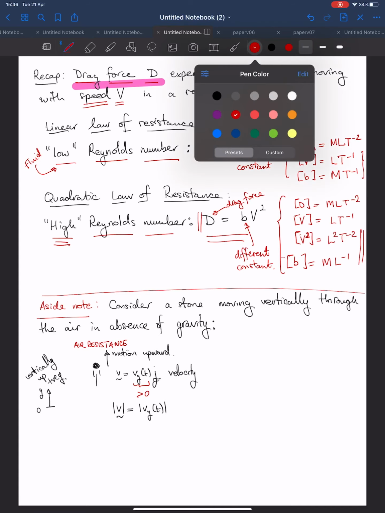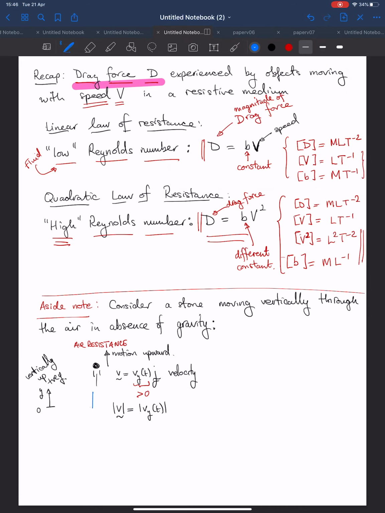In other words, there is now a force due to drag. This is the drag force. I write it as the vector F_d, and the magnitude is, that's the vector itself.